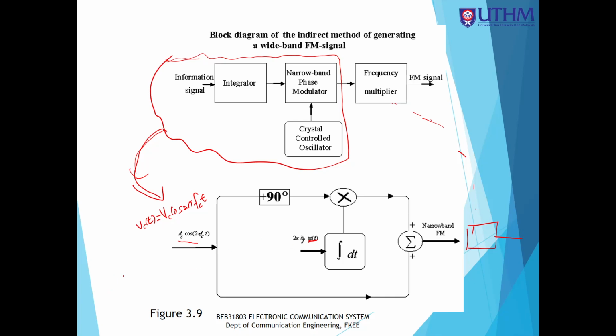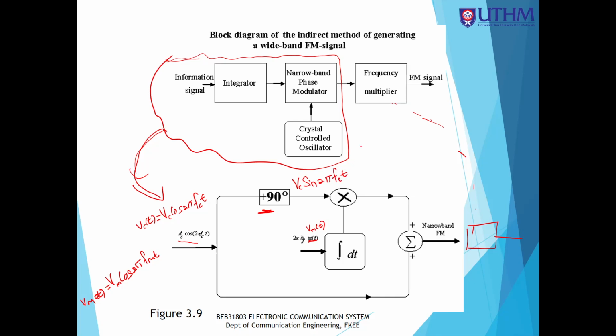So VMT is given as VM cos 2 pi FMT. And a 90-degree phase shift turns the cos into a sine function, so it becomes VC sine 2 pi FCT.